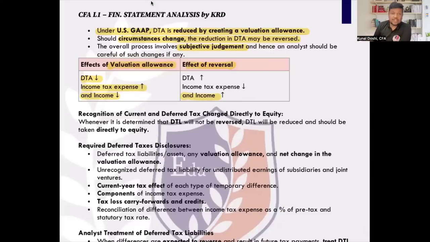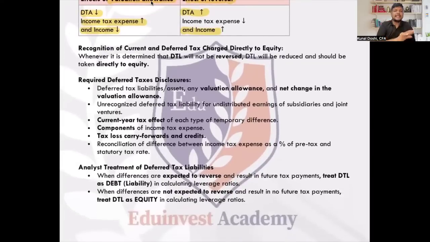So right now you create a valuation allowance, you show it like a loss. Later on you reverse it and then show higher profit. So managements time this to show better results or save taxes. Therefore, it's a warning signal. If a company is deliberately doing this, it's a warning signal. Correct? This is about DTA if it doesn't reverse.